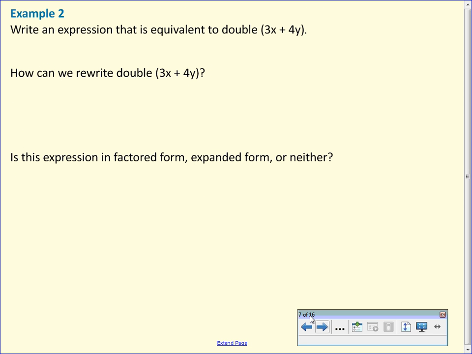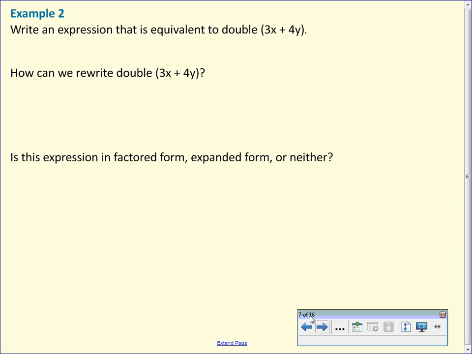Alright, well, instead of 3 and 5 and A and B, let's use different terms. Let's try 3x and 4y. It's going to work the same way. Except now, instead of a variable, our term has a coefficient and a variable. But we're going to use the same steps. Okay? So how can I rewrite double 3x plus 4y?